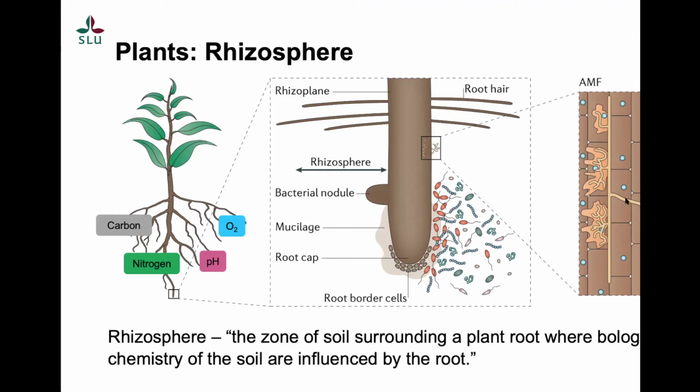It actually helps the plant extend its root system. As the plant provides carbon to the fungus, the fungal hyphae can grow out even further and take in nutrients from even further away in the soil matrix. So while it's doing that for the plant, the plant is providing it with carbon, so it becomes a symbiotic relationship.